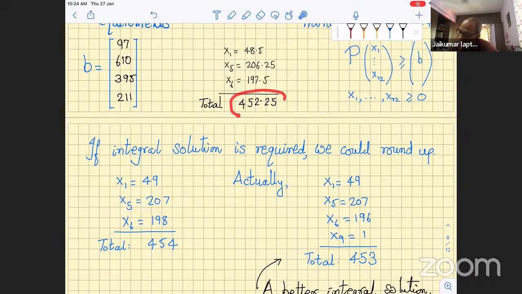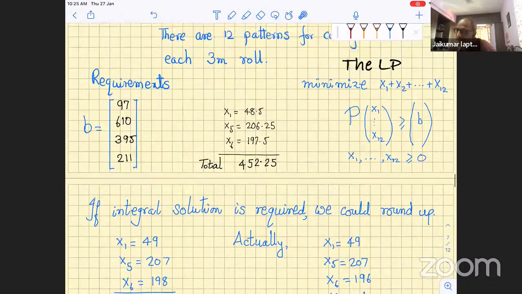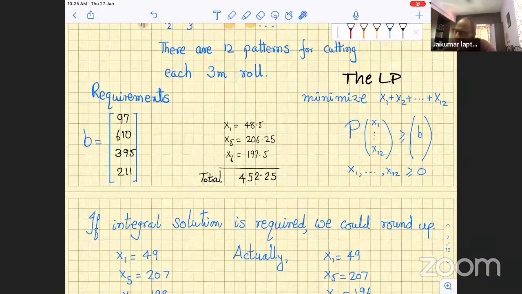So instead of this number, we end up using 454 rolls. What does this say? We solved an LP, and LP delivers fractional solutions, which is not what we want. We wanted integral solutions.